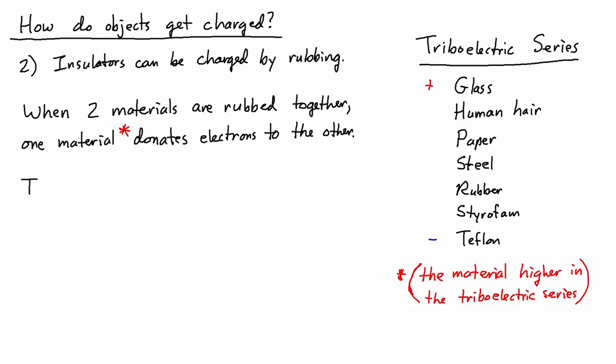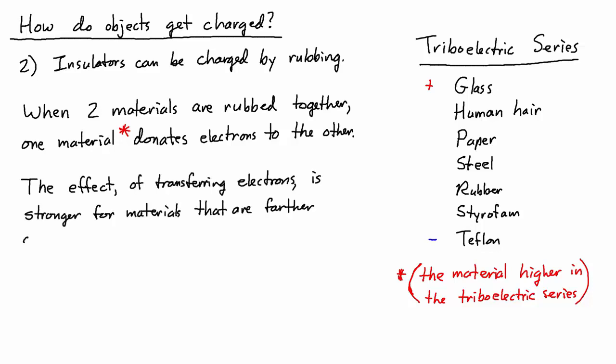Another aspect of this is that the distance between 2 materials in this series also has an effect. The effect of transferring electrons is stronger for materials that are farther apart in the series. For example, when we compare rubber with Teflon, we had said that rubber would become more positive and the Teflon would become more negative.